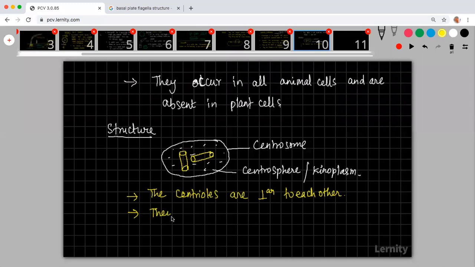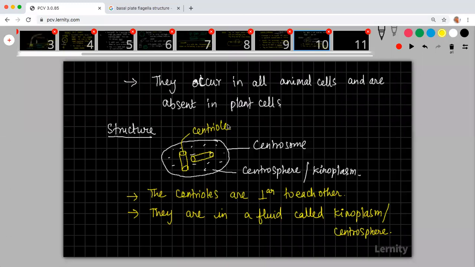They are in a fluid called kinoplasm, or centrosphere. The cylinder shaped structure is the centriole. Where is the centriole present?